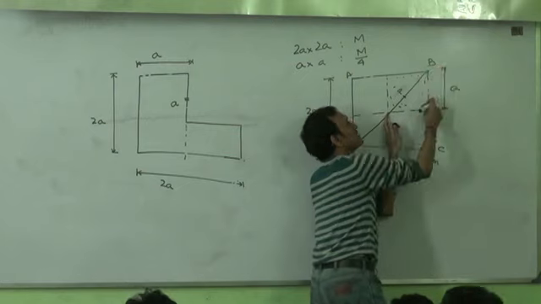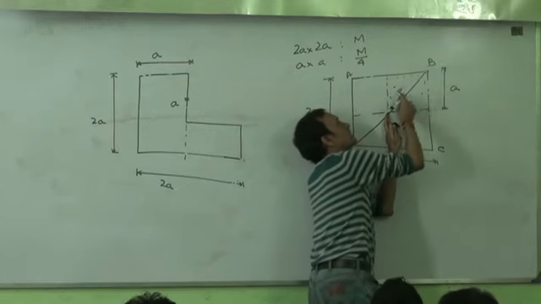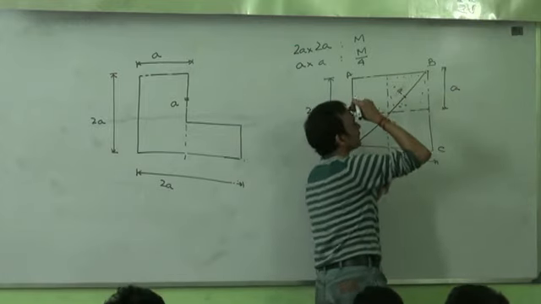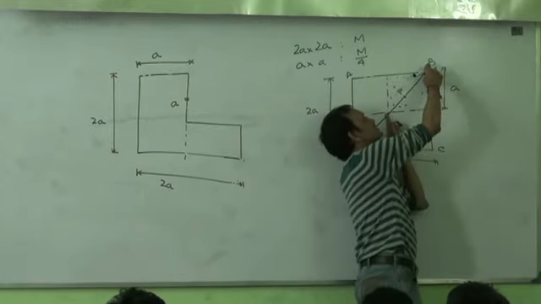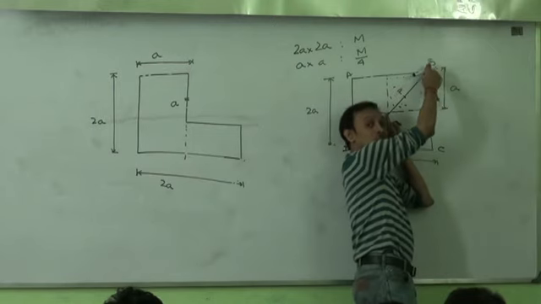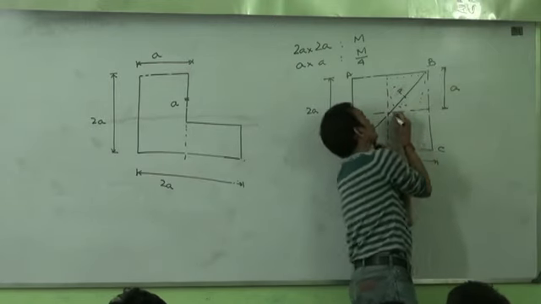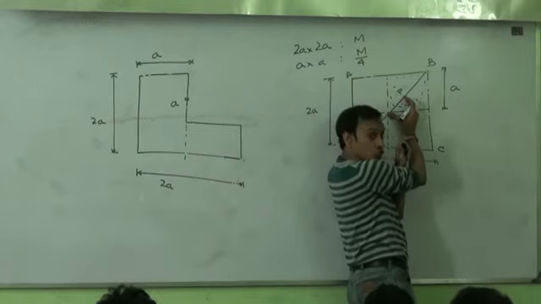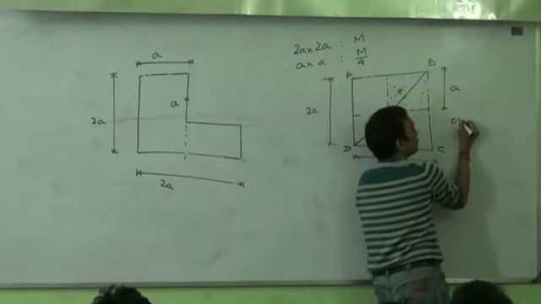That is, it's as if M by 4 is concentrated at P, where this length you realize is a root 2, this length is a root 2. So then OP would be a root 2 by 2.